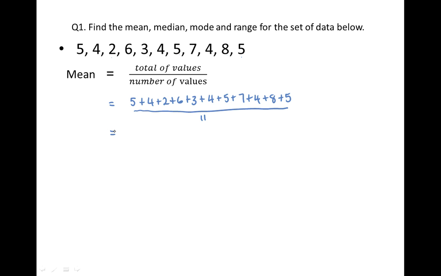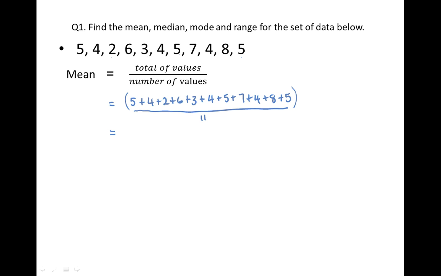Now in this topic you will be able to use your calculator, but you will still need to set your questions out as I've got here. So you might like to grab your calculator now as you are doing this question. We do need to add all of these values together. I would suggest that you use your brackets on your calculator to add up all of the numbers in the numerator and then divide it by 11.